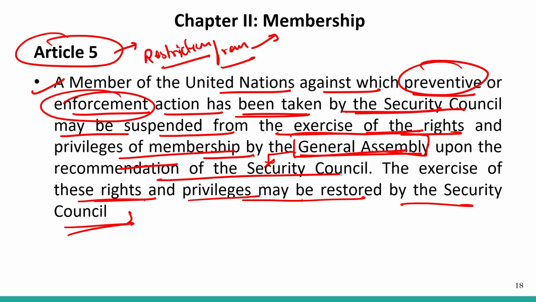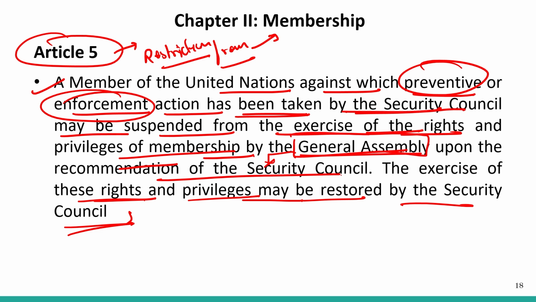If they fulfill that particular criterion and they happen to become a member of the United Nations, but after becoming a member they act in such a manner that causes hindrance in peace and security, and the United Nations is of the opinion that they are not able to abide by the terms mentioned under the United Nations Charter, then preventive actions will be taken by the United Nations, by the General Assembly on the recommendation of the Security Council.